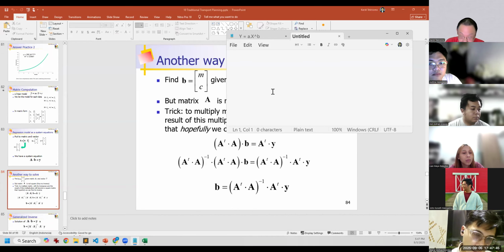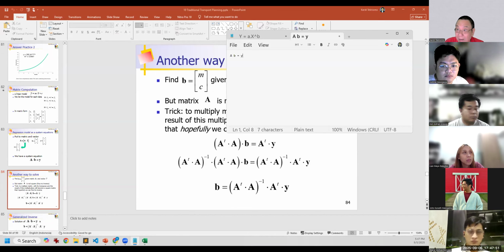So I have A times B equal Y. Okay, so if I have A times B equal Y, now I need to get, remember A is not a square matrix, it's a rectangular matrix.